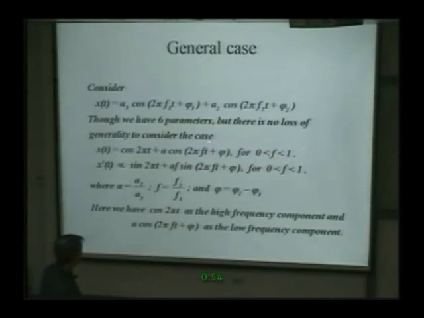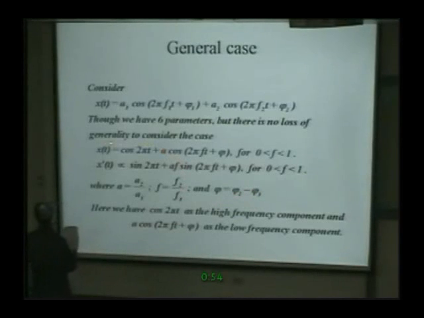This is the lower frequency signal, and the amplitude is A2 over A1. It tells us how high the second, lower frequency is. And phi equals phi2 minus phi1.